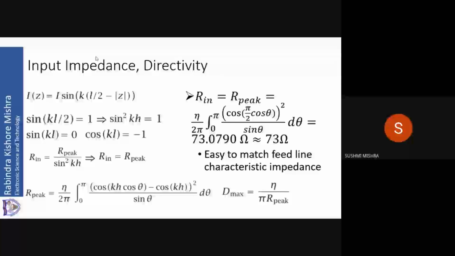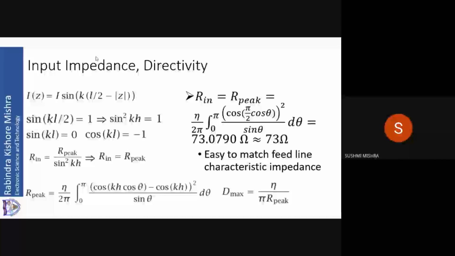This also you can find out using the expression that we have found out for P rad. For P rad, we have found an expression which is equal to 36 point some value into I square, and we know P rad is equal to half R rad into I square.